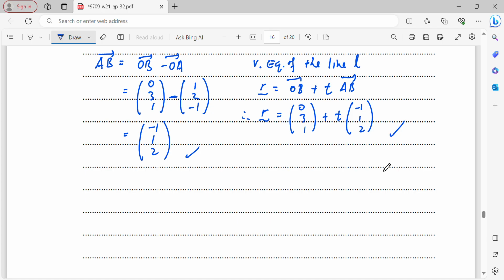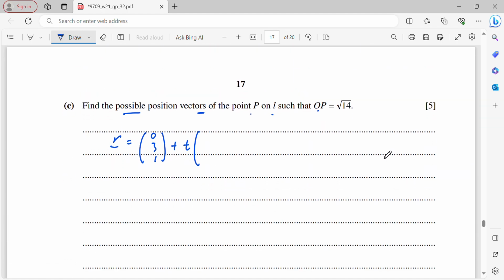This is the answer from the first part. Which means my OP is going to be the r, because the P lies on the line L. So now I will open the brackets and combine it to be one bracket. It will be (-t, 3 + t, 1 + 2t).